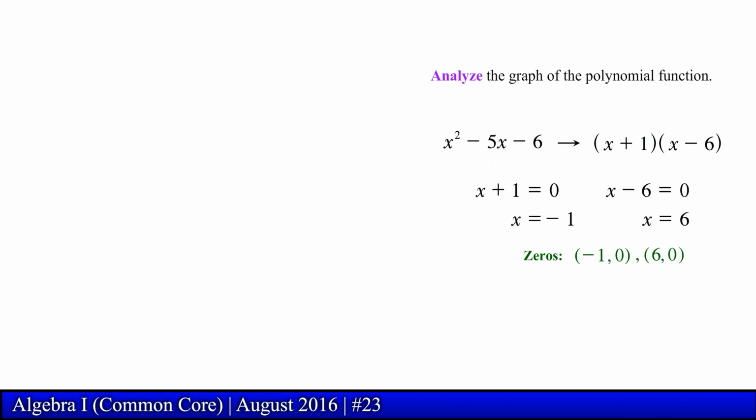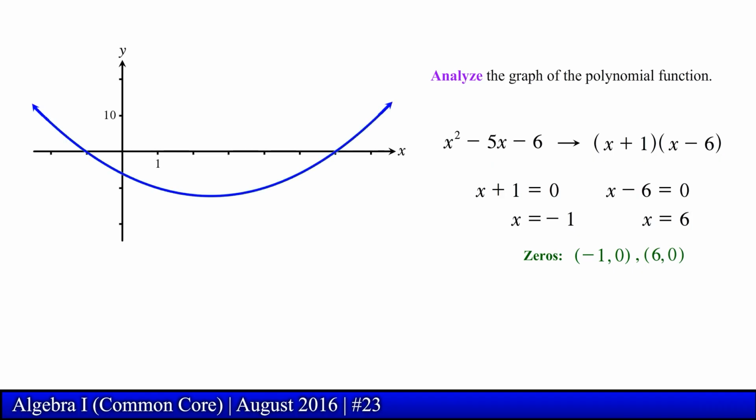We can also determine the factored form of a polynomial by using the graph of the polynomial. In this case, we would need to identify the zeros or x-intercepts of the graph, and then use the x-coordinates of the zeros, and work backwards to construct the factor from which the zero was originally solved.